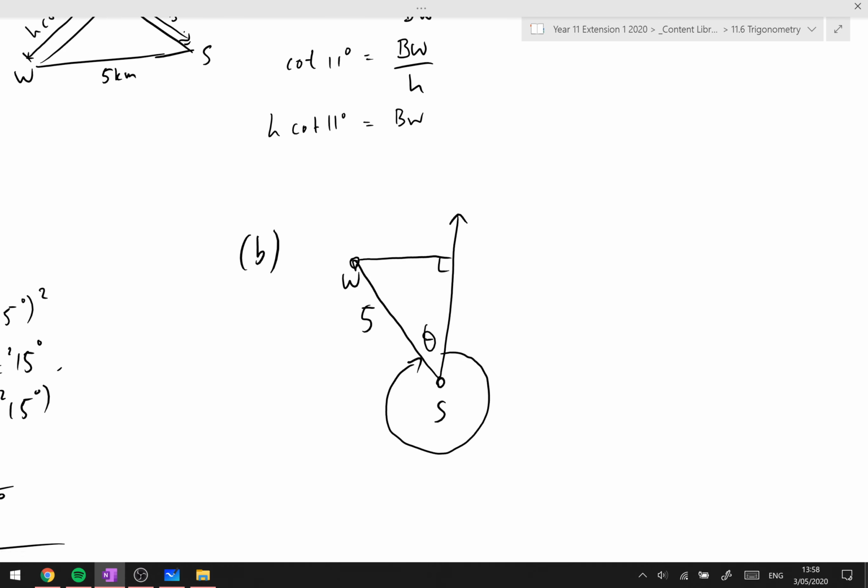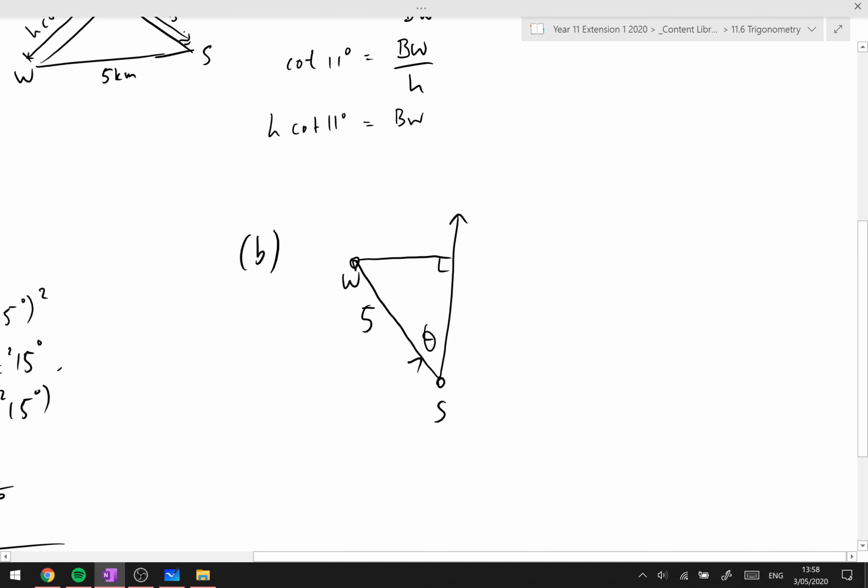So what else do we know about this triangle? Again, we've only got 2 bits of information. We've only got this thing here and this thing here. We need something else. Well, we do know something else now. We know what this length is here, and we know what this length is here. We only actually need one of these lengths to be able to do it because we've already got the 5 kilometers there. So let's use the top one.